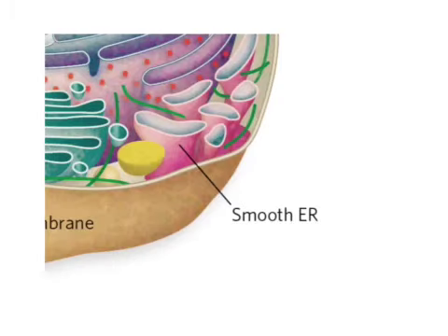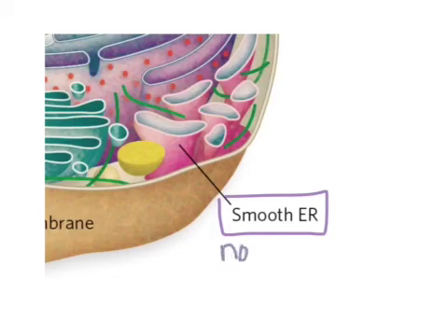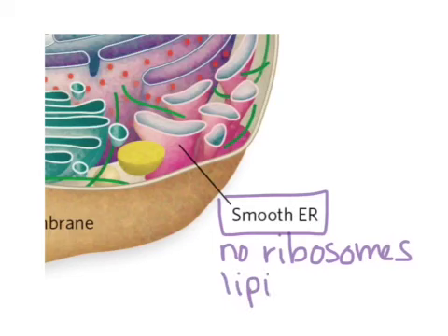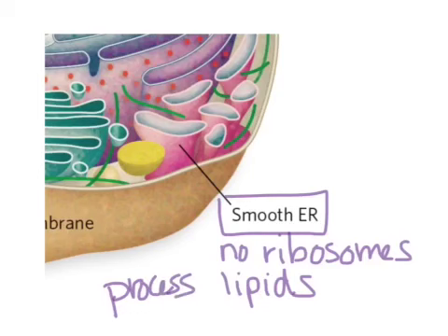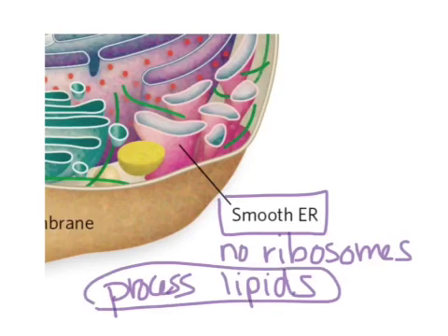Okay, also in both plant and animal cells we see something called smooth ER. Again, ER standing for endoplasmic reticulum. And smooth ER is a little bit different from rough ER. It doesn't have ribosomes on it, so it's not making proteins. Instead, it's making lipids. Okay, so it's processing lipids. And you know what lipids are.